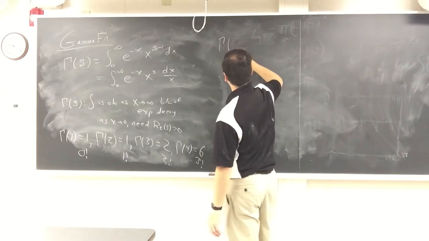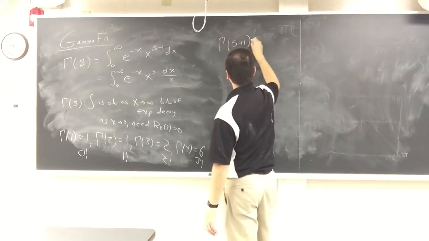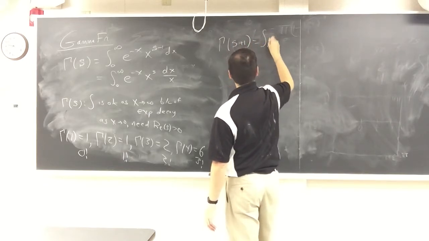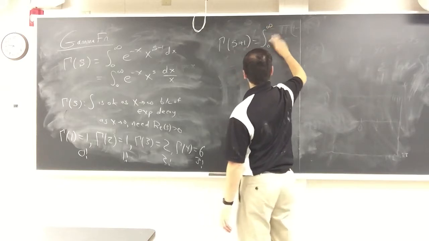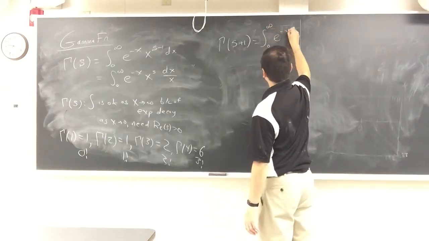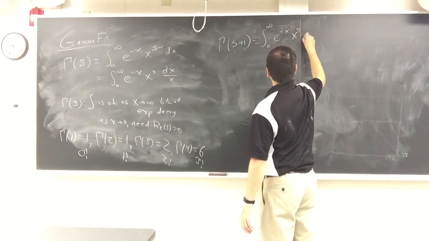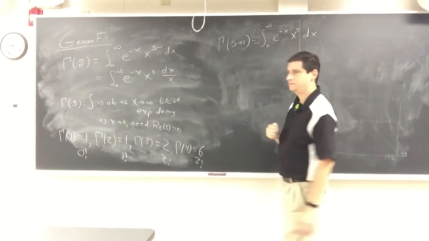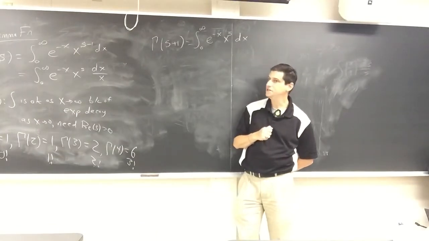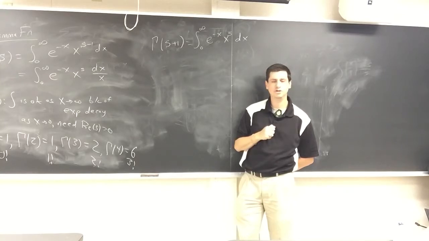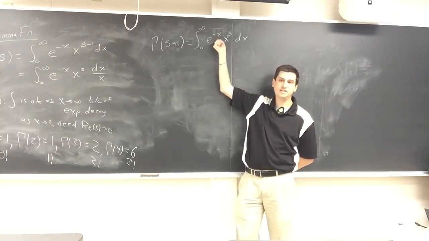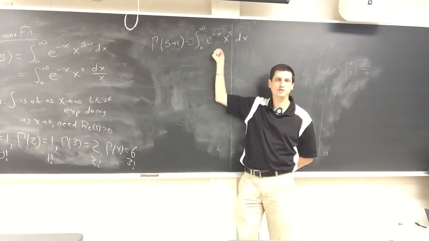Gamma of s plus 1 is the integral from 0 to infinity e to the negative x, x to the s dx. All right? This is screaming integration by parts. And I have e to the minus x. I can integrate or differentiate. It's not going to really matter.